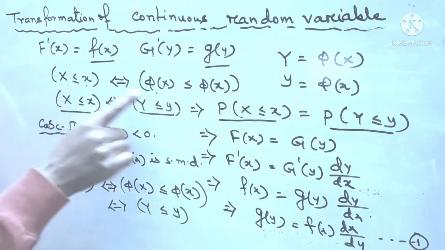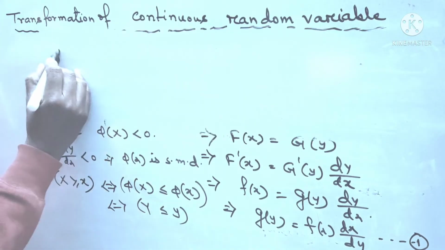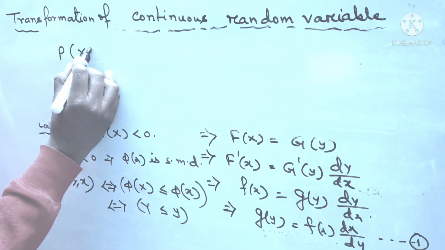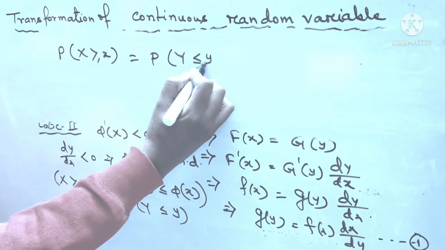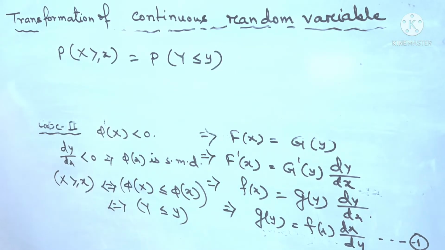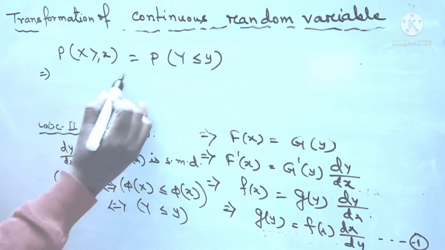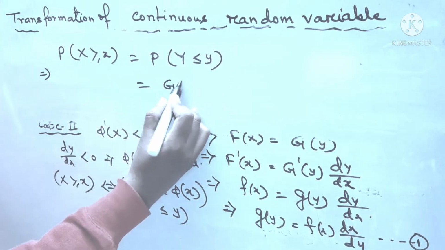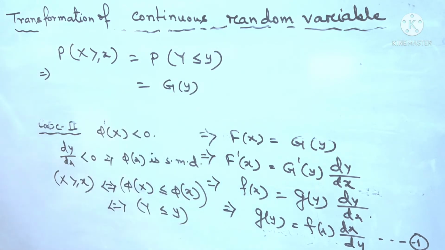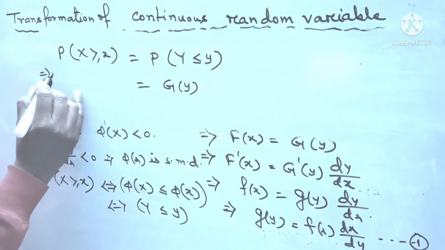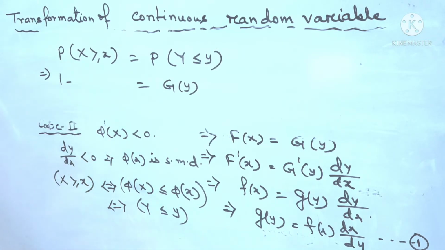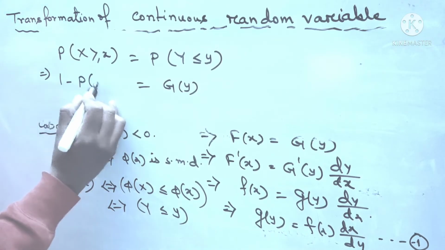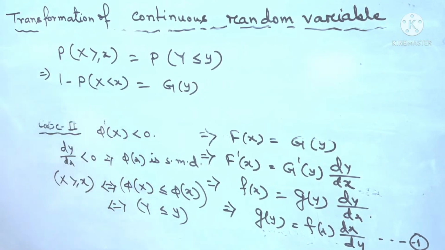Now, like this, we get P of capital X greater than or equal to small x, which is equal to P of capital Y less than or equal to small y. This can be written as G of y, but this is 1 minus P of capital X less than small x.